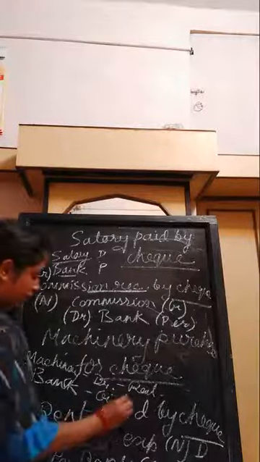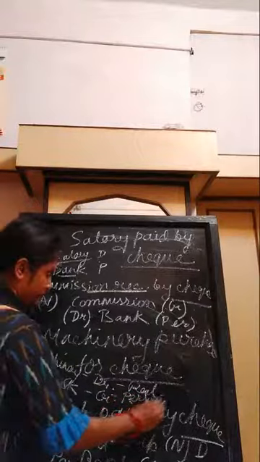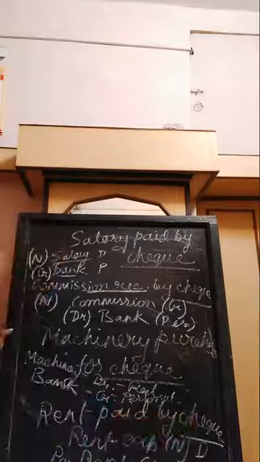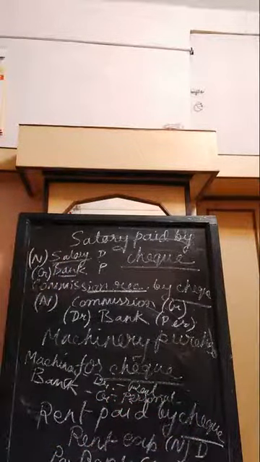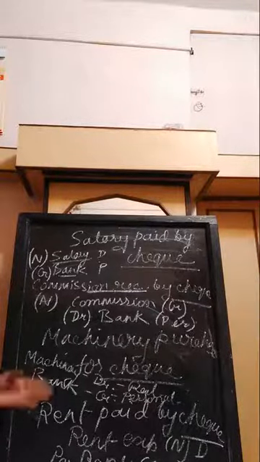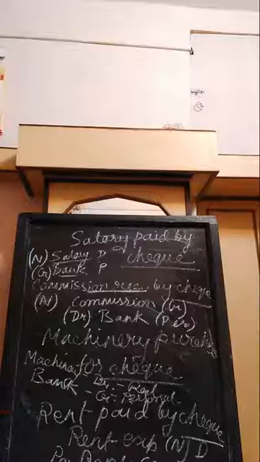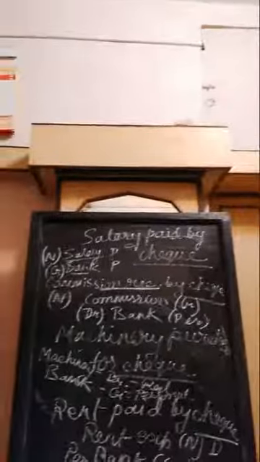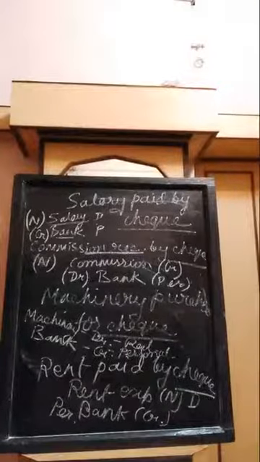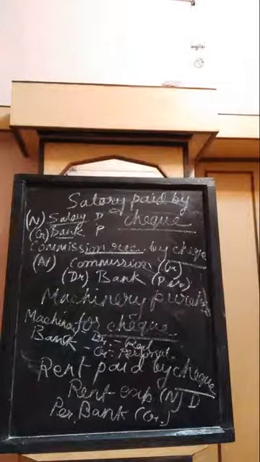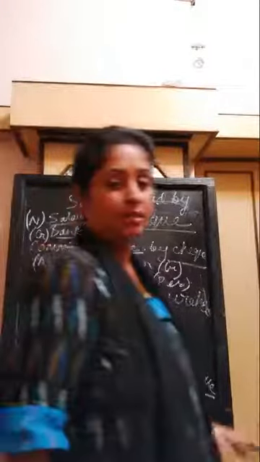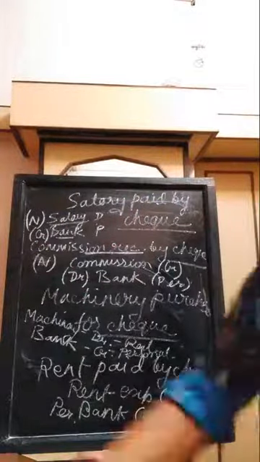Here also, credit the giver, because we are purchasing machinery and giving out money through check. We can understand through these transactions the identification of the accounts and the debit and credit application, which one will be debit and which one will be credit.